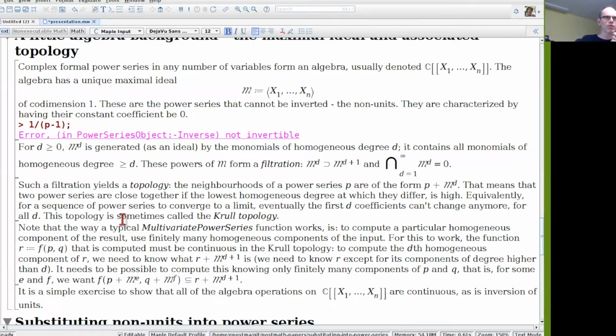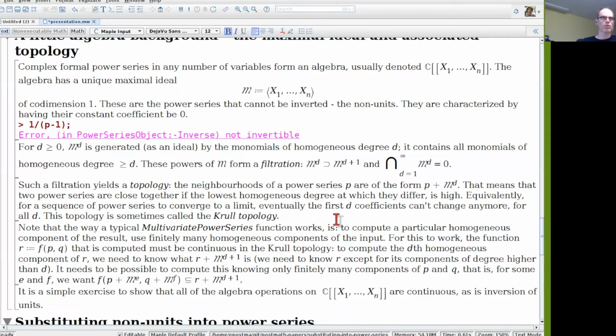Now, a typical multivariate power series function, the way that we've seen, for example, for this addition, the way it works is to compute a particular homogeneous component of the result. We inspect the homogeneous components of the input, and we only want to inspect finitely many of them. Otherwise, of course, we have to do infinitely much work. So for this to work, that function that is computed by this procedure would have to be continuous in the Krull topology.